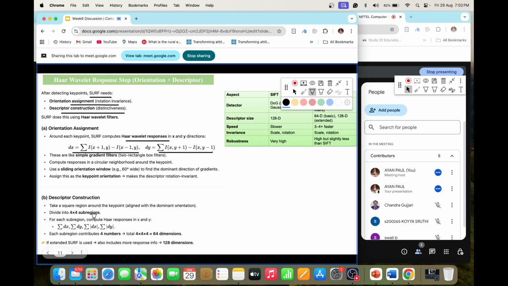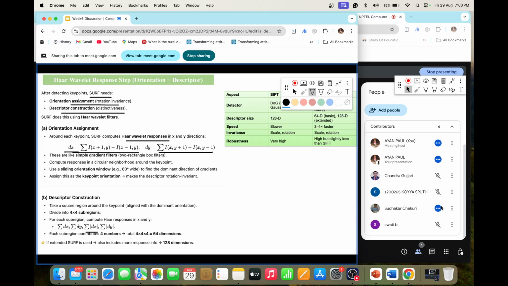Similarly, for descriptor construction we have another thing, that is the absolute value of dx and the absolute value of dy. So how is dx calculated? That is the intensity of a point ahead of our actual point in the x direction, minus the intensity of the point behind our actual point in the x direction. That is dx.